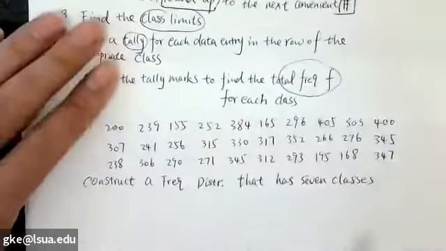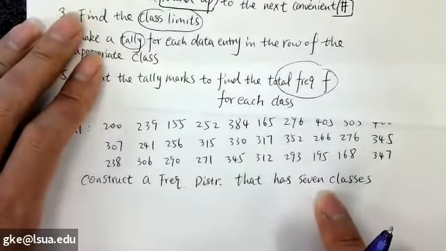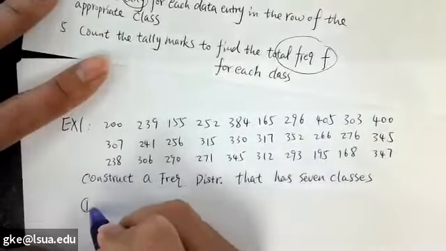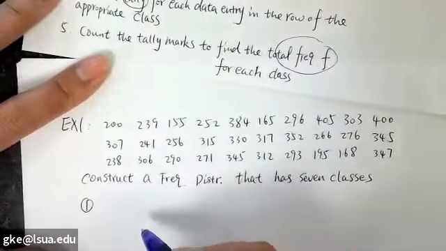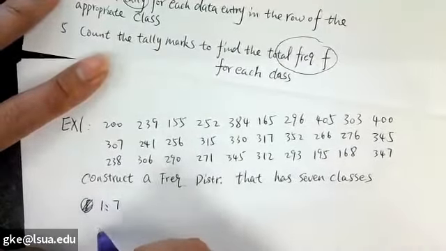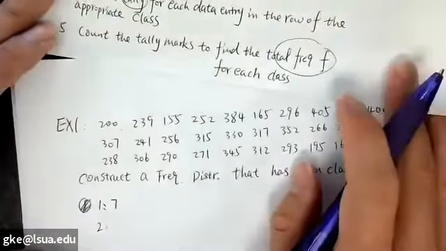So here in this problem, the number of classes is 7. So we just need to write down the first step. For example, the first step is 7. The first step is super easy.